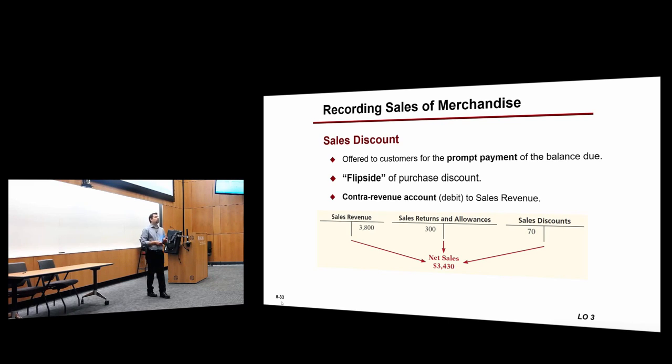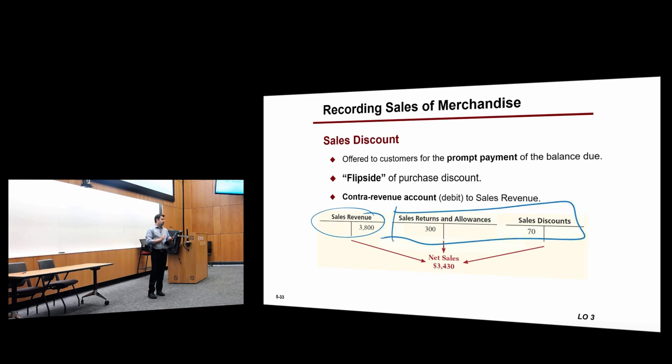So companies want to calculate the net sales. Remember that the net sales is used later on to calculate the gross profit. Net sales is simply the sales revenue minus the 2 contra revenue accounts. So it's sales revenue minus the returns minus the discounts.